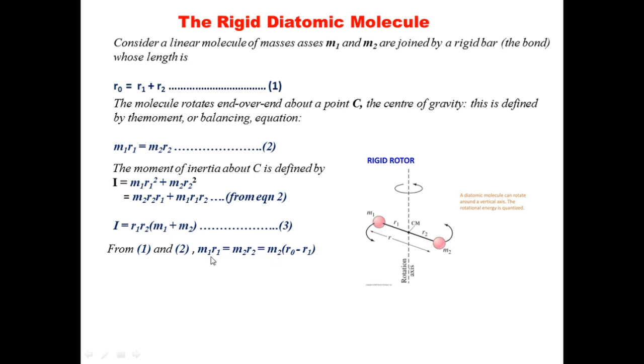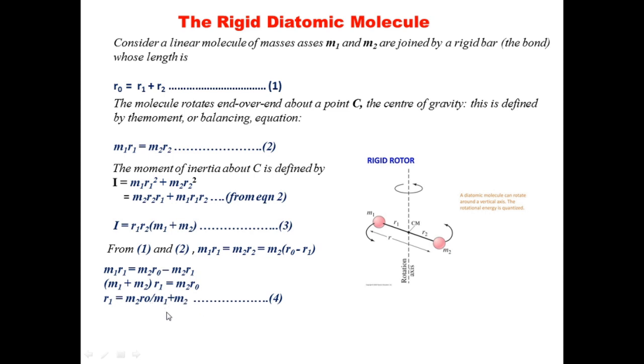Expanding, m1 r1 is equal to m2 r0 minus m2 r1. Therefore, we can rewrite m1 plus m2 into r1 is equal to m2 r0, and we will get the value of r1, that is equal to m2 r0 divided by m1 plus m2.